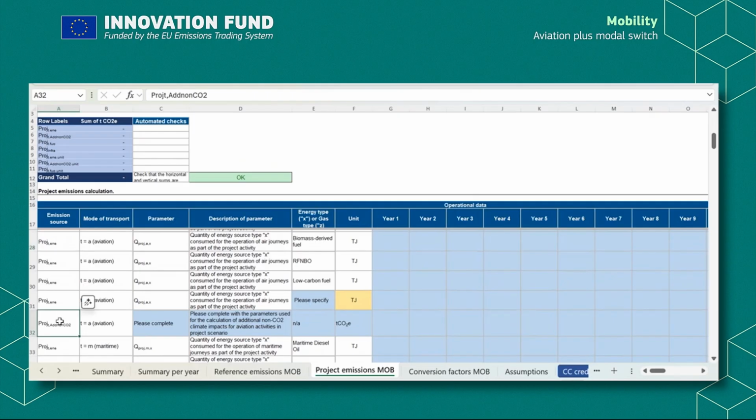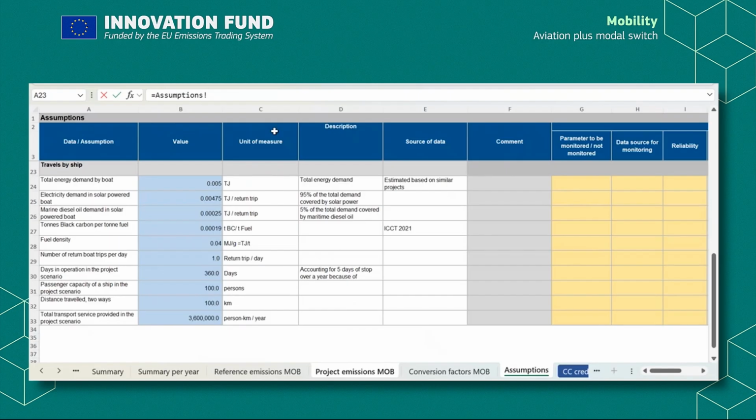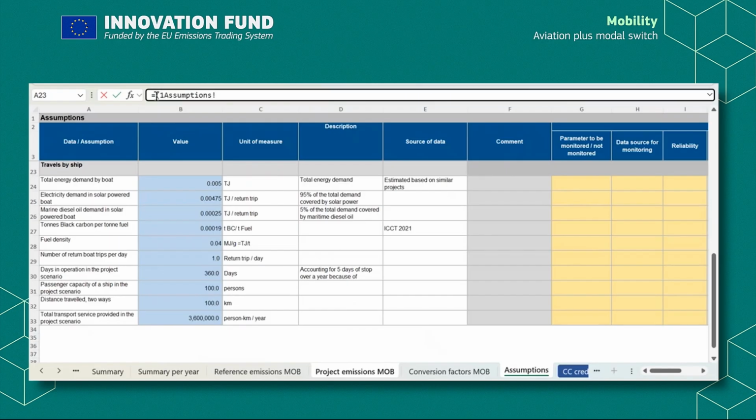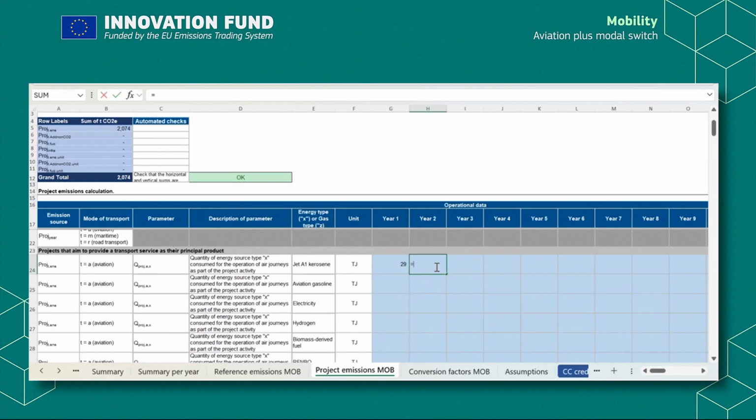We will start by calculating the quantity of jet kerosene that will be consumed in the flights, in terajoules. In year 1, we will have the percentage of jet fuel in the sustainable aviation fuel, 1–50%, times the fuel consumption per return flight, 0.08 terajoules, times the number of return flights per day, 2, times the number of operating days in the year, 360, which gives us 29 terajoules.